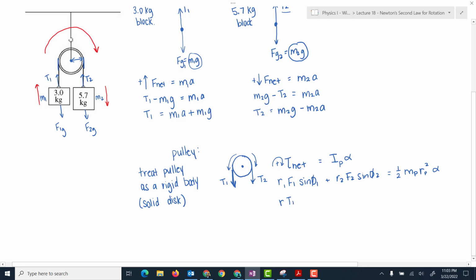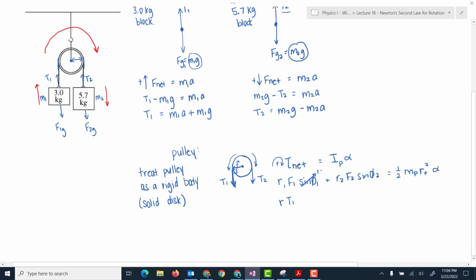And sine theta 1 is about the angle between the r vector, which goes from the axis of rotation to the point where the force is applied, and the tension, that force vector there. That angle is 90 degrees. So all of this is just sine of 90, which is 1.